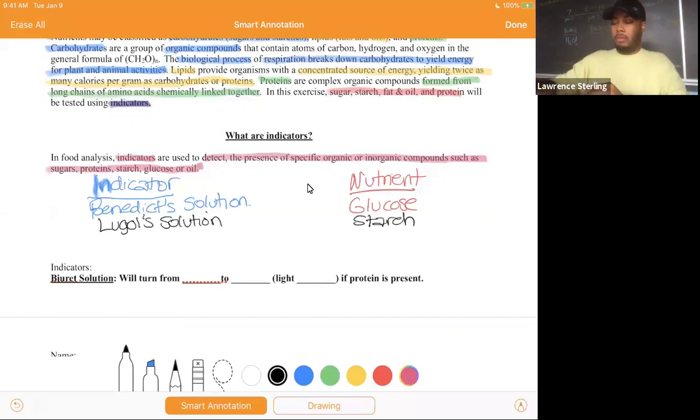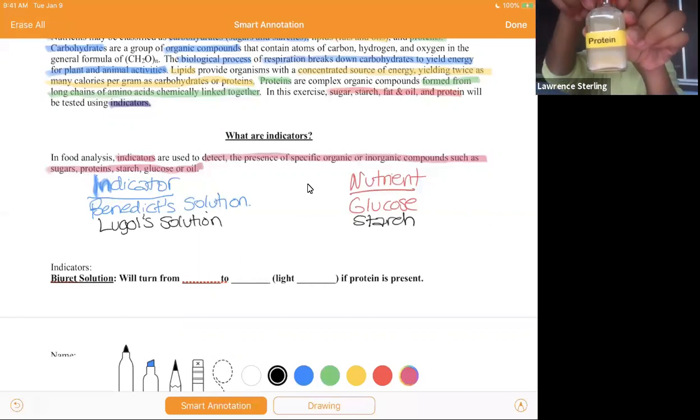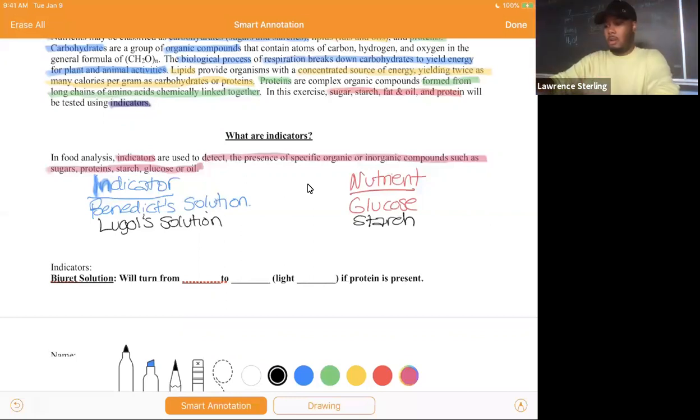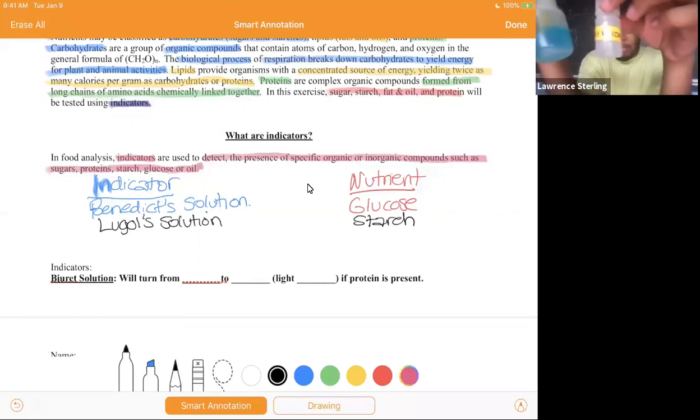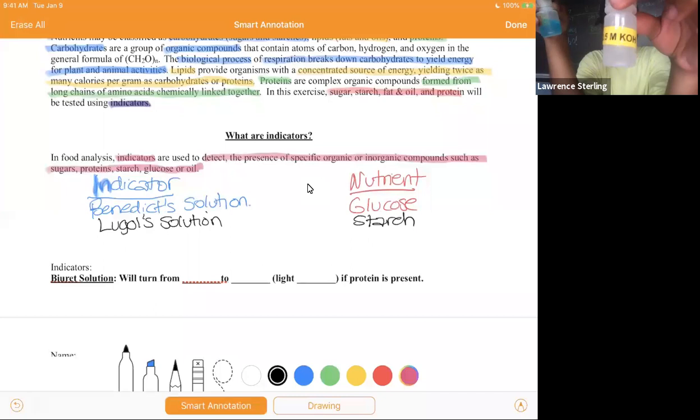Next, we have our protein, which is here. And we actually have to mix two substances together in order to get what we need. We have to mix KOH, which is actually a base, potassium hydroxide. You don't need to know that.